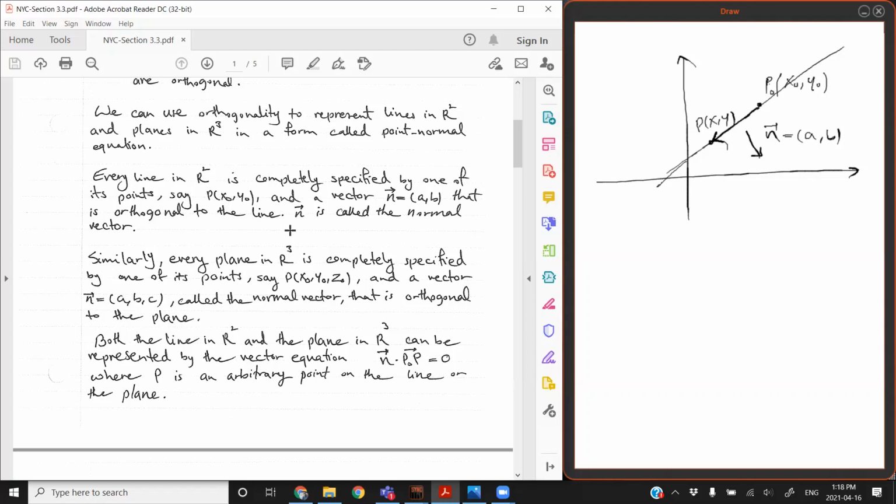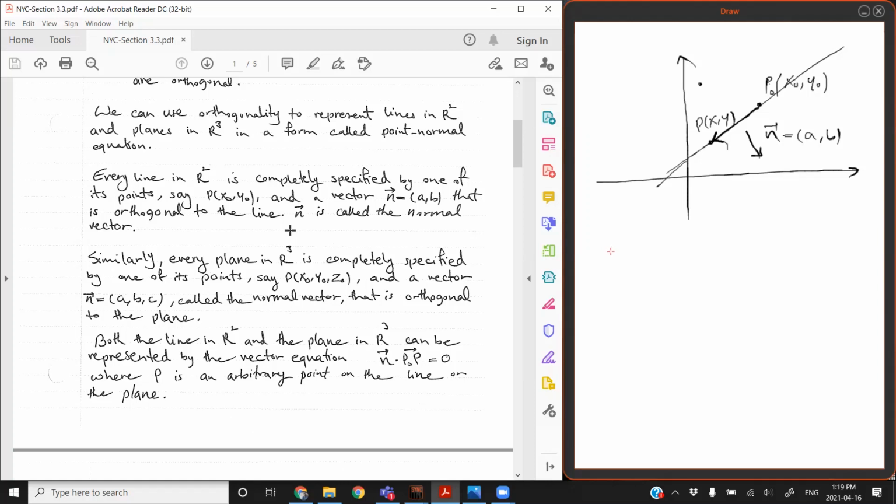So for example, if you have a point over here, and if I draw a vector, that vector will not be orthogonal to n. So a point would be on the line if and only if the vector P0P is orthogonal to n.